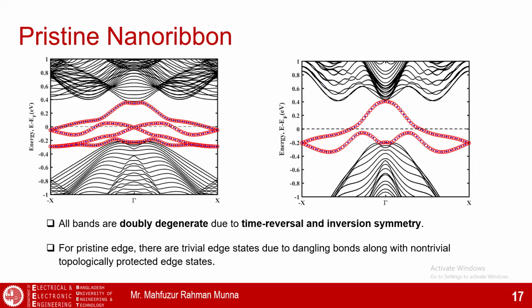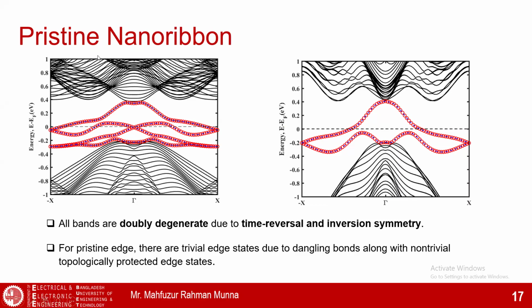So now let's talk about the electronic band structure for armchair and zigzag bismuthene nanoribbon. As you can see, the bands are doubly degenerate because of the existence of both time reversal and inversion symmetry.